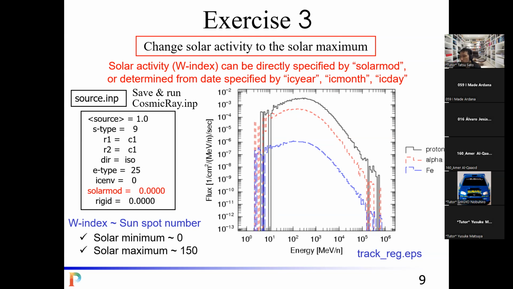So if you want to specify a certain solar modulation index, you can directly input the number without specifying the date of your interest. Okay.